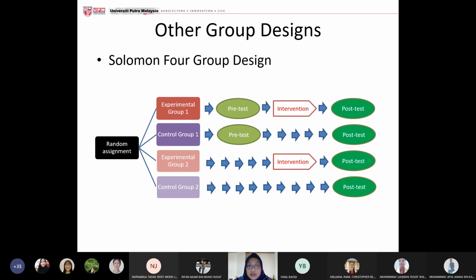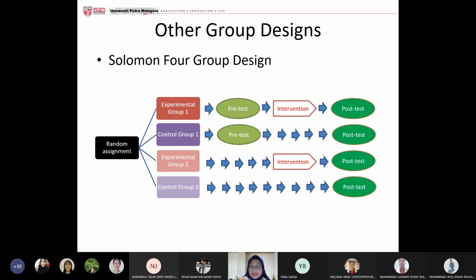But why in the Solomon 4 group do they have two experimental and control groups? This is basically because some people highlighted that if you do a pre-test before some sort of intervention, you might cause some bias. Let's say before the program, you ask people, what do you think about 3R?